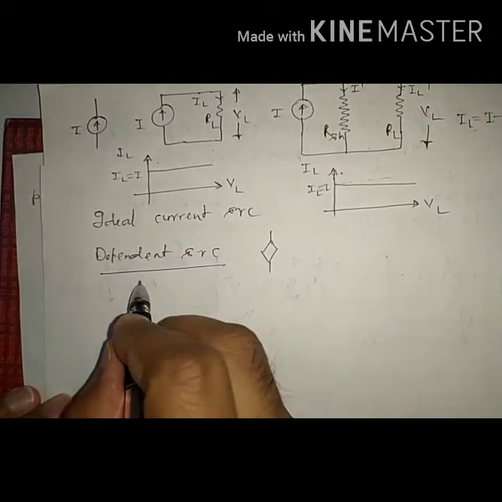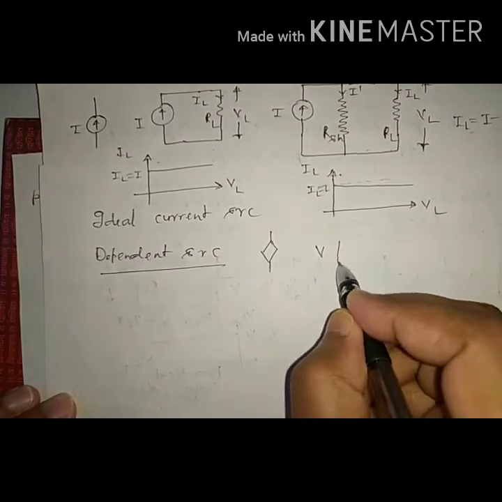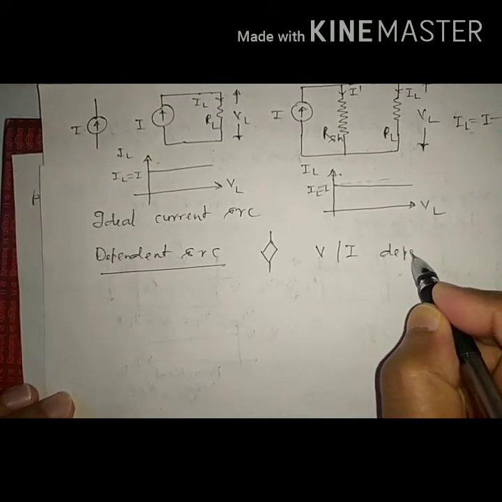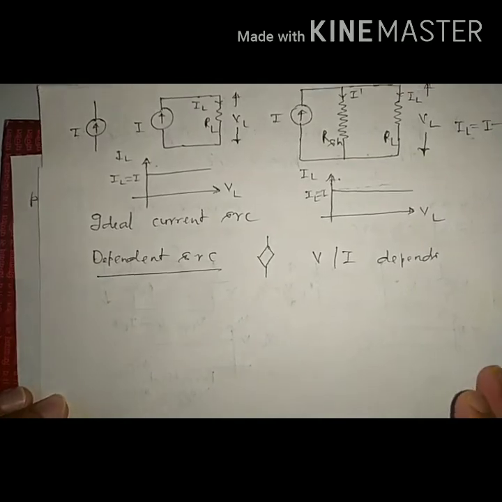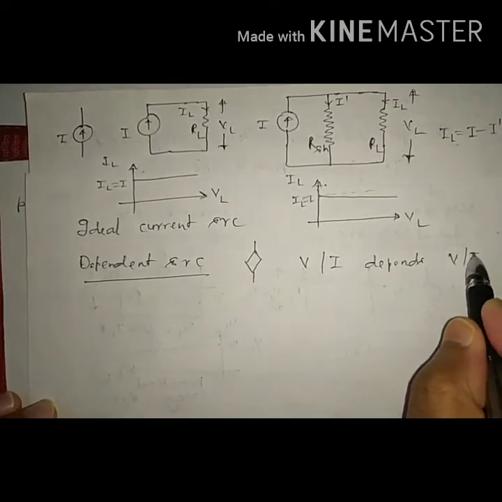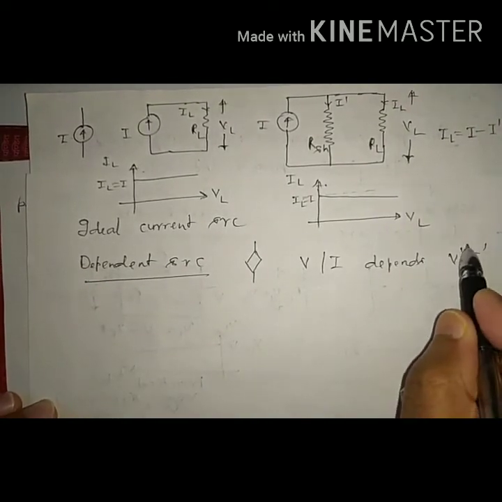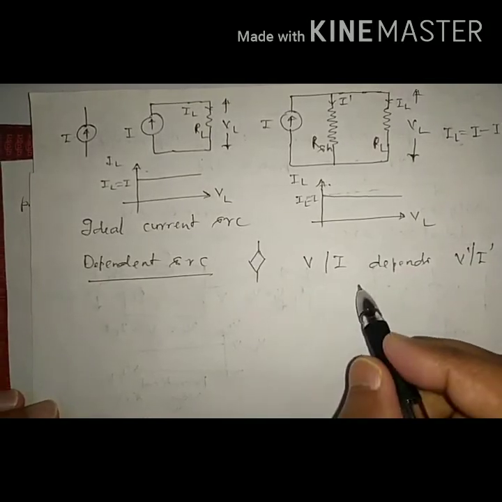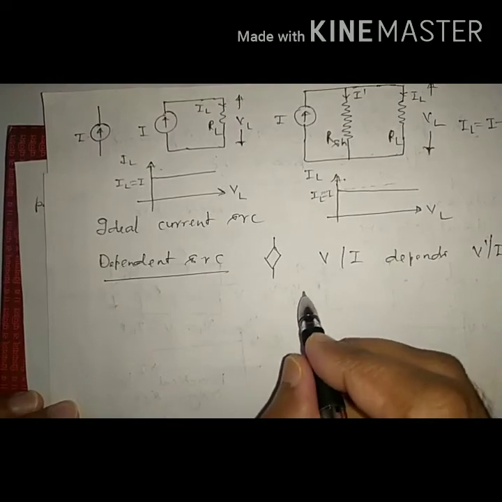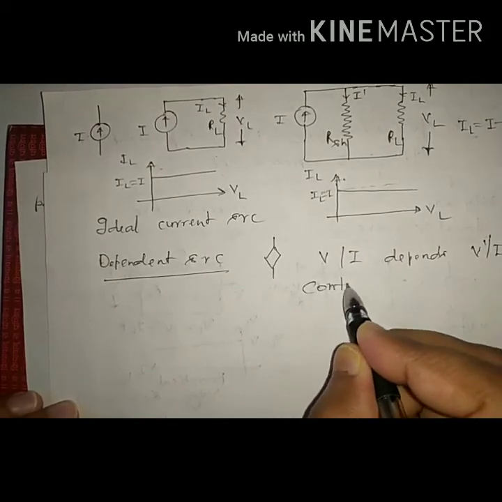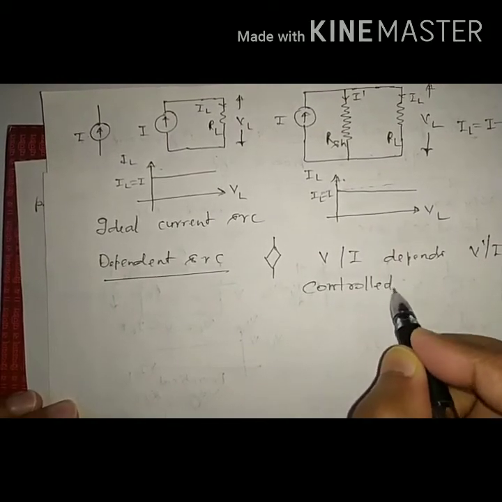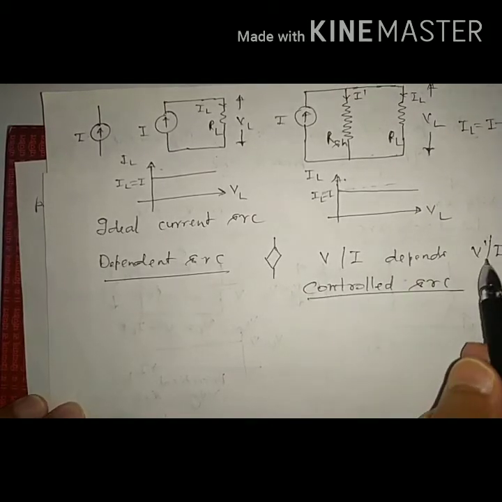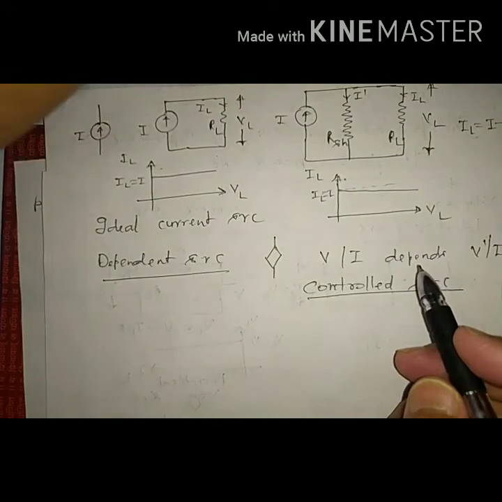If the voltage or current of a source depends on some other voltage or current, V dash or I dash, present in the same circuit, then this type of source is called a dependent source or controlled source, because it is controlled by these values V dash and I dash.